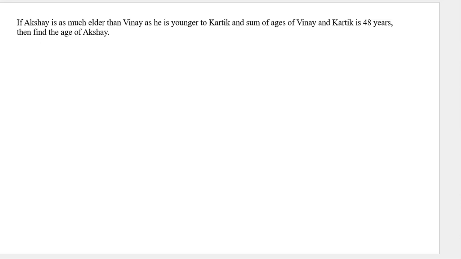So what we basically do is we try to understand the problem in the following way. Akshay is elder than Vinay. Elder means larger, higher in age. So there is Vinay here, there is Akshay here. Vinay is the youngest.